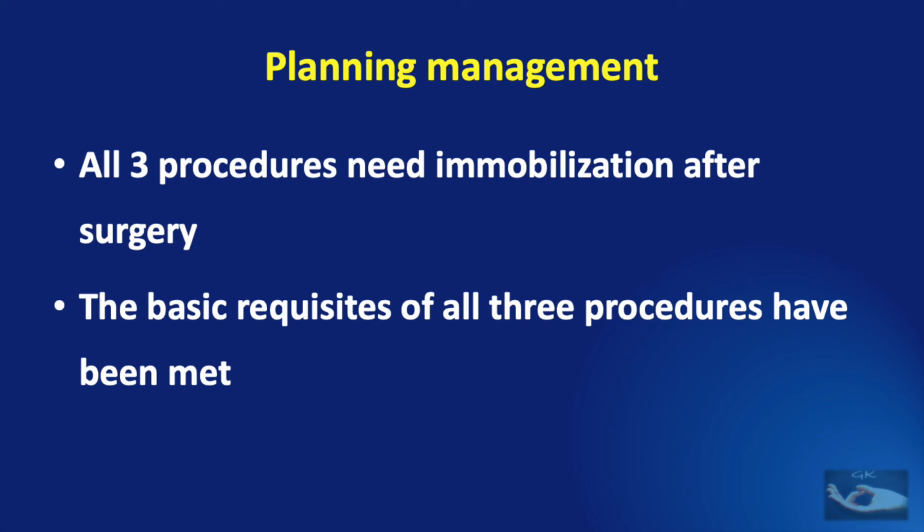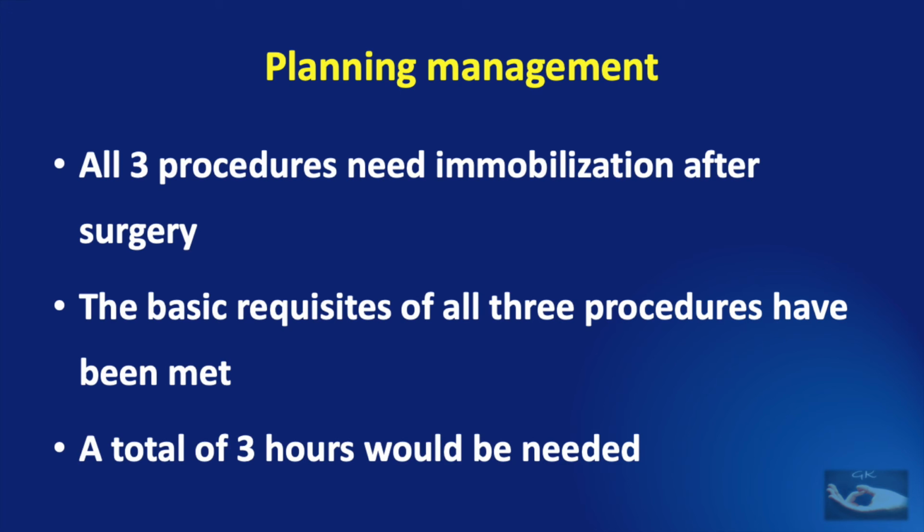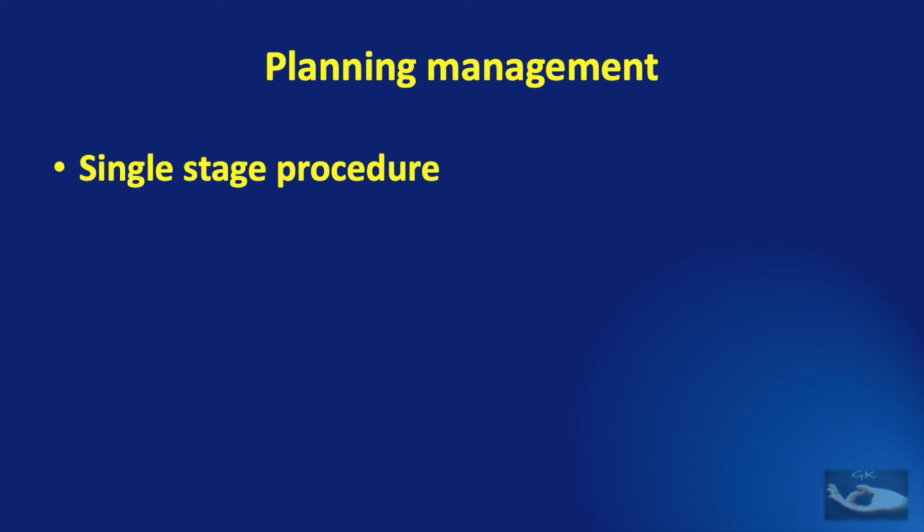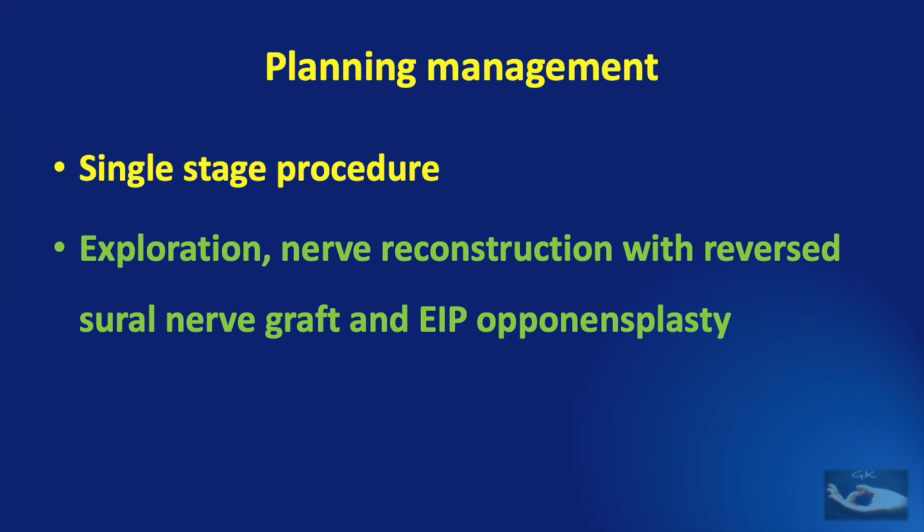For instance, the joints are soft and supple and there is no problem with the skin, and the time duration for conducting all the 3 procedures is well under control, a total of around 3 hours. So now the final plan has been made of a single stage procedure with exploration, nerve reconstruction with reversed sural nerve graft and extensor indicis proprius opponensplasty.